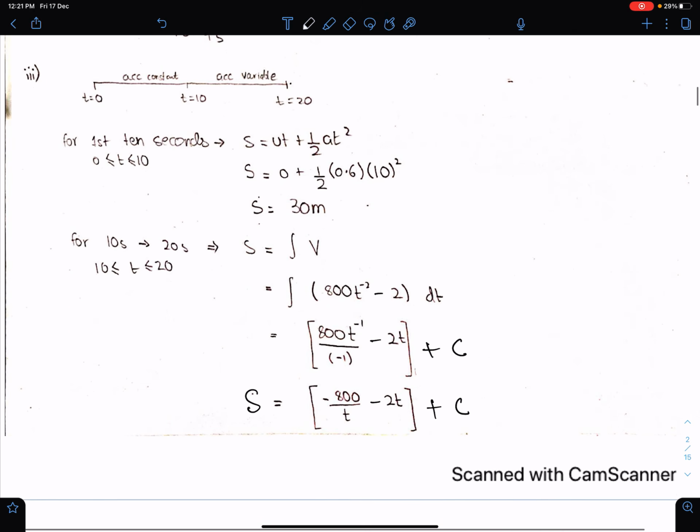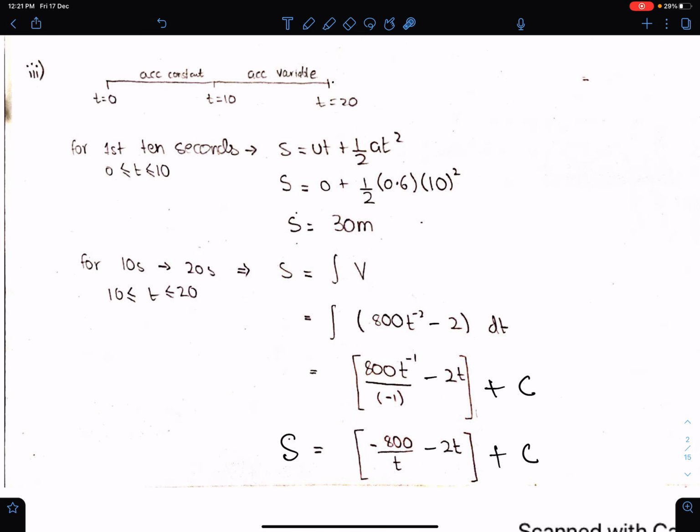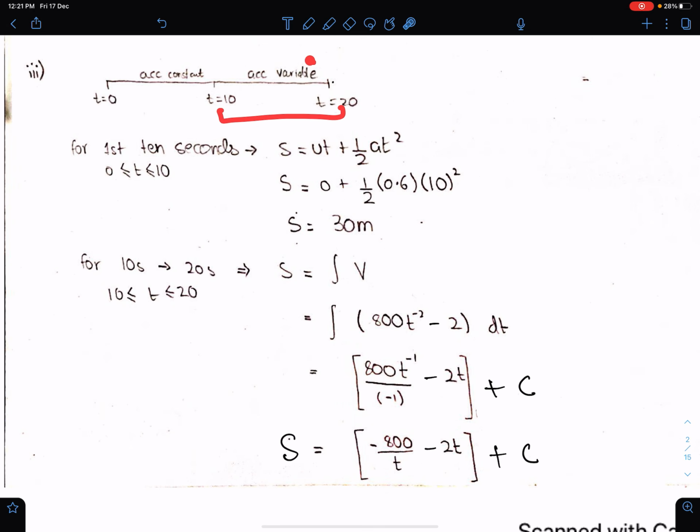I'm sorry. So t = 0 to t = 10 acceleration is constant, so find distance with the help of any equation of motion. With the help of this equation, we have got the displacement 30 meters. From t = 10 to t = 20, we will use calculus because of variable acceleration.